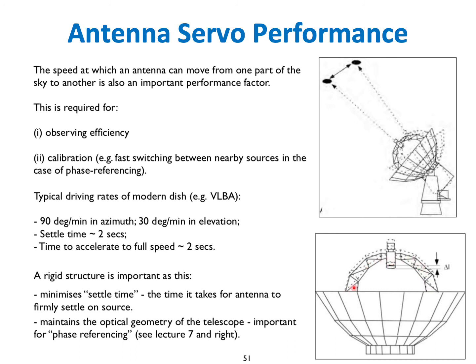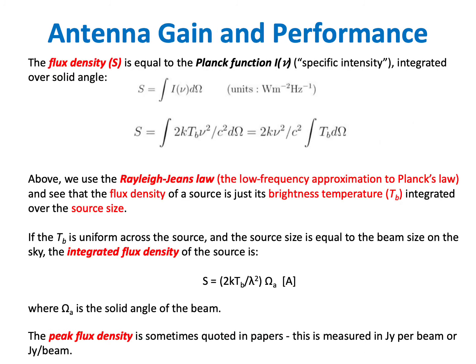This structure was built to keep the feed or subreflector in the focus, and if this sags, then this point moves out of focus, in which case if you're measuring, you're going to lose sensitivity, and if you're imaging, your image is going to be blurry.